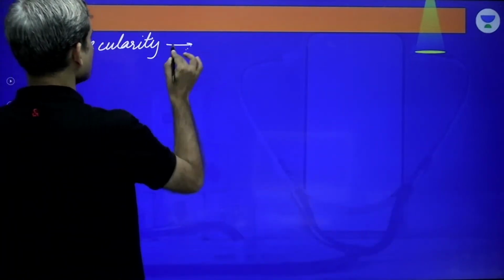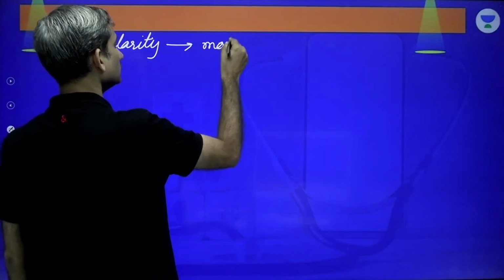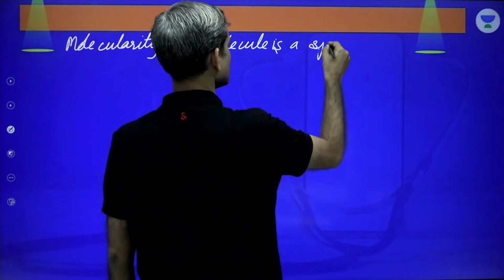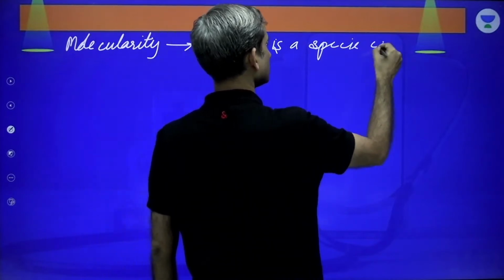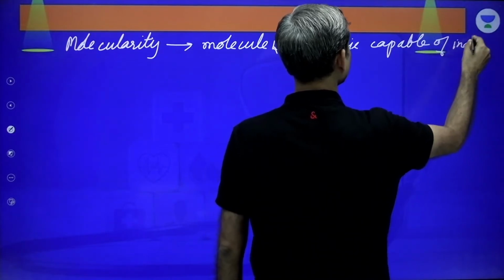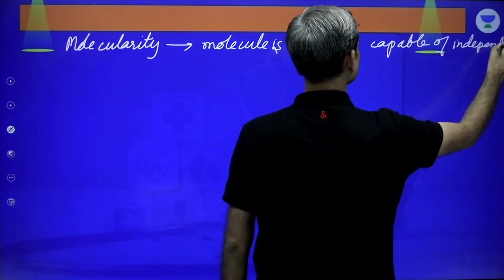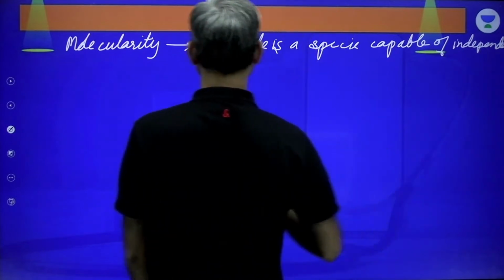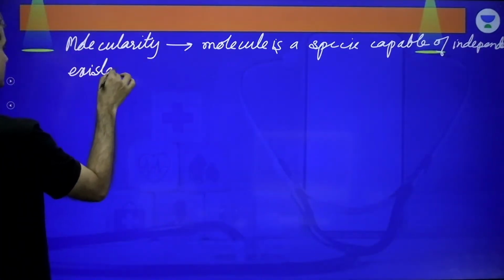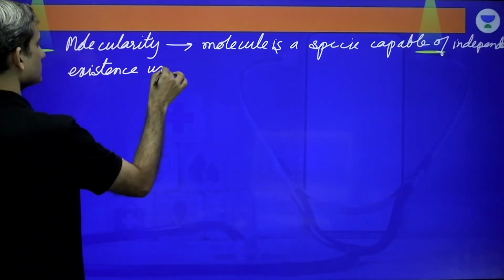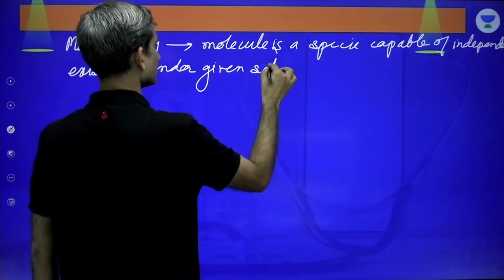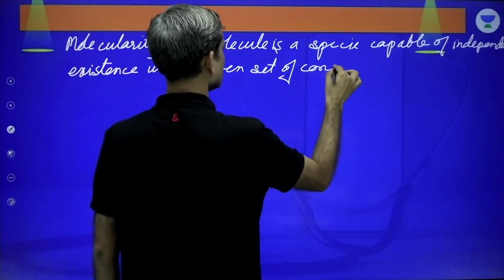A molecule is a species capable of independent existence under a given set of conditions.